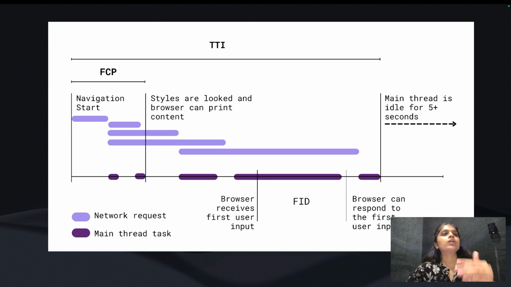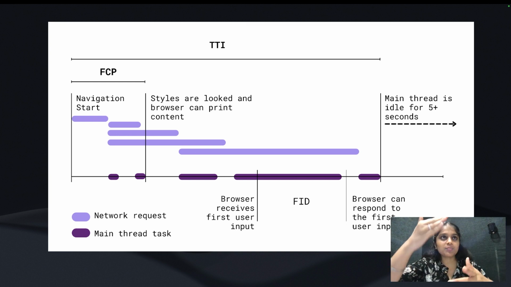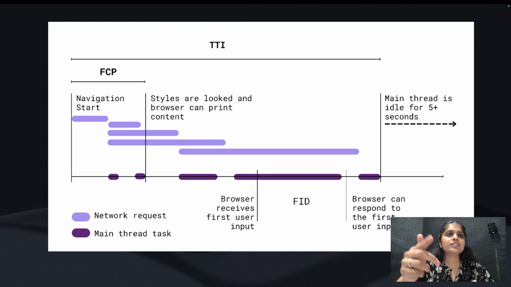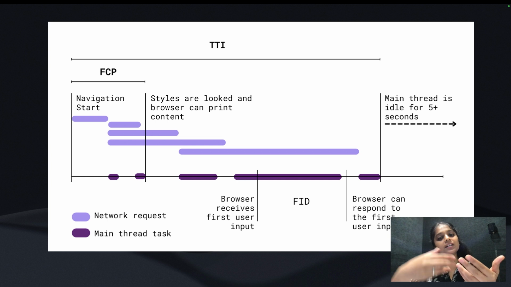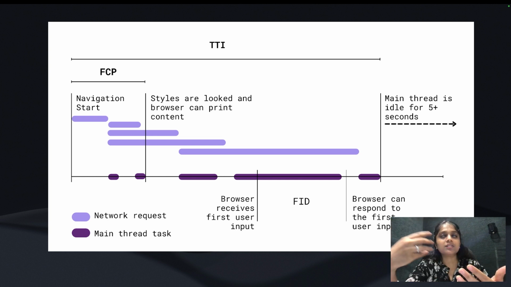So now I'll be telling when this happened, what was going on behind the scenes. Whenever the navigation started, the things loaded, styles and the browser, everything got loaded. And whenever the user clicked on that particular request, the result should show immediately.